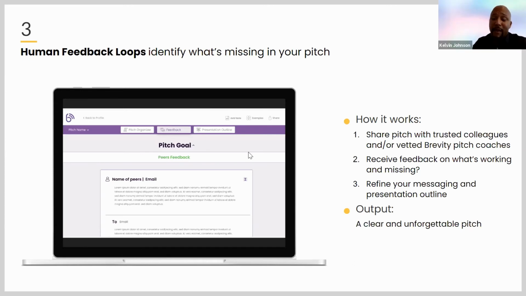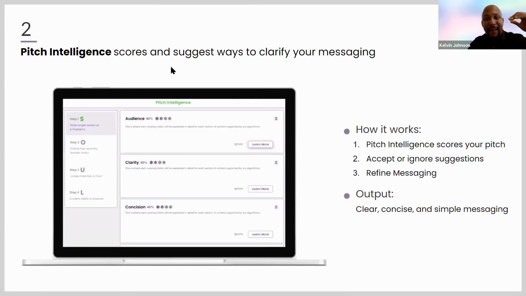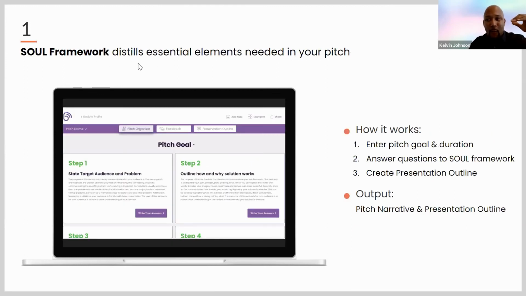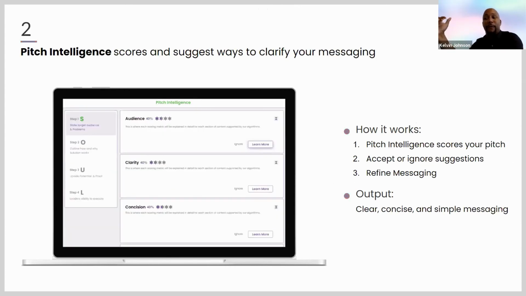Without a question. If we go back to the problem slide, let's take missing key elements that your audience desires. We say this distills the essential elements needed in your pitch. So we're tying the issues we talked about in the very beginning to how we solve those.